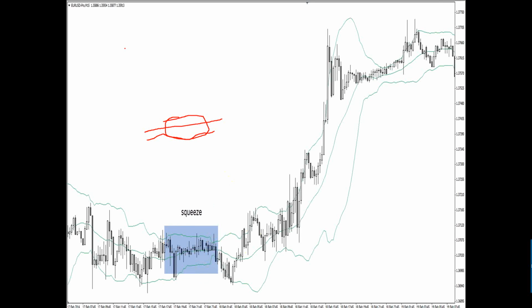So my observation is, indeed, squeeze is important because you know that the market cycle always has the same pattern. There is accumulation, distribution, markup, markdown, all those market phases. Squeeze is actually accumulation, and after a squeeze there will be some distribution.